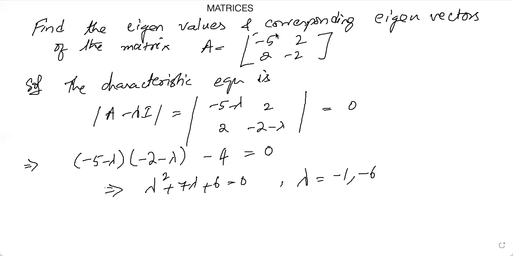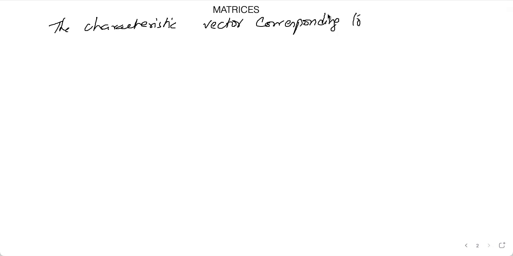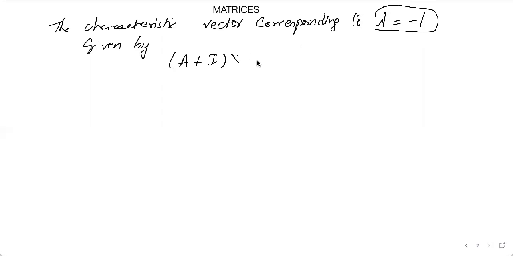Okay, so the characteristic vector corresponding to lambda, which is minus 1, is given by A minus lambda I, which will be represented as A plus I, where you substitute lambda as minus 1, okay, into x, which is equal to 0.